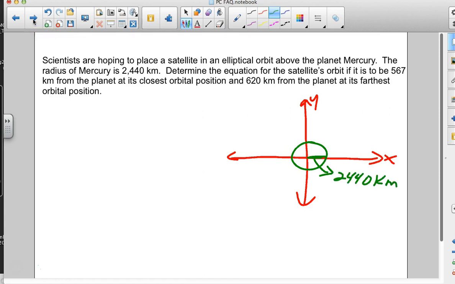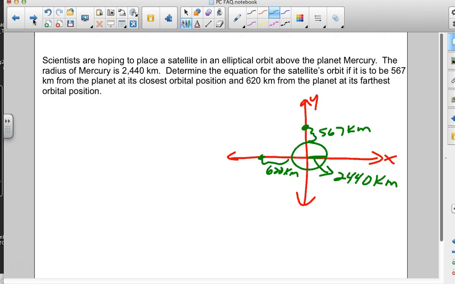And it says determine the equation for the satellite's orbit if it is to be 567 kilometers at its closest orbital position. Well, I'm going to put that here this time. And 620 kilometers at its farthest location. So this would be 620 kilometers.